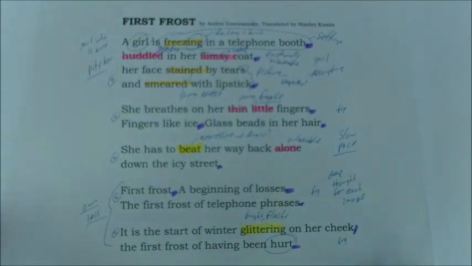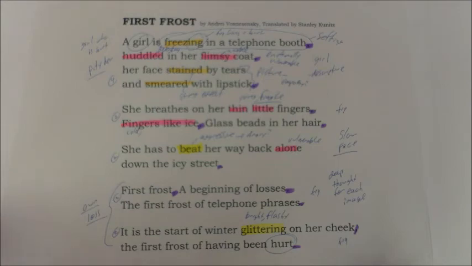Next, the piece of figurative language that stands out for me in the second stanza is this idea of her fingers like ice. On the one hand, that means she's cold, but on the other hand, this could again be a reference to the idea that she's freezing, or that she's emotionally freezing. And more than that, ice itself is something that's fragile.